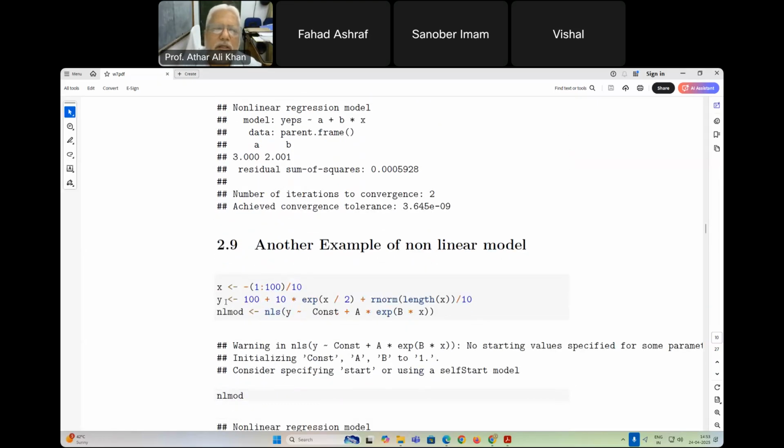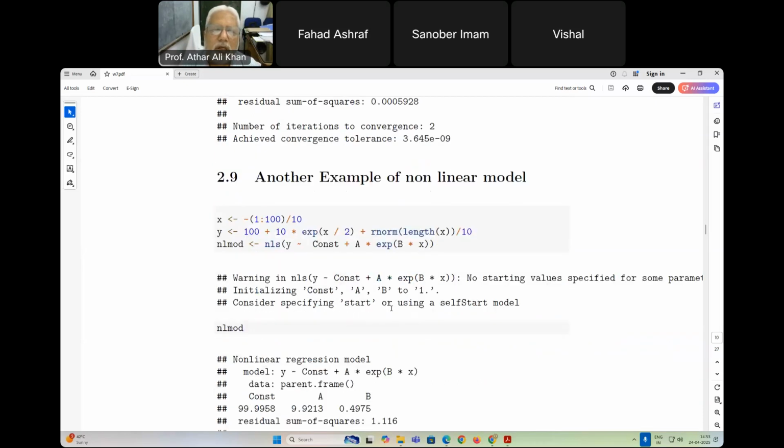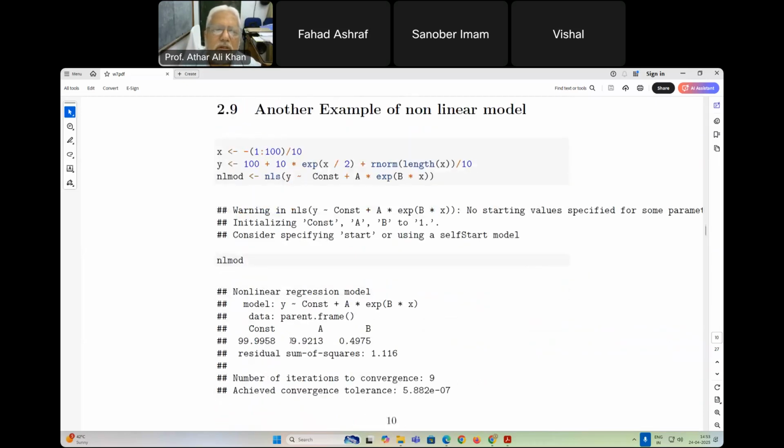Another example of a nonlinear function. We are simulating the data for x, and then simulating the data for y, and then model NLS of y, which is a constant plus a times e raised to the power b x. And see, this is the result.